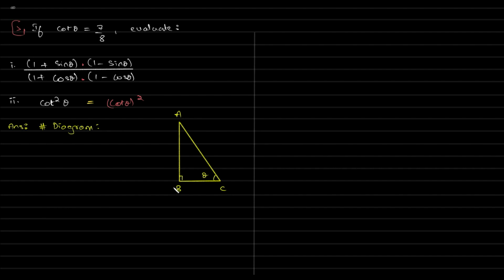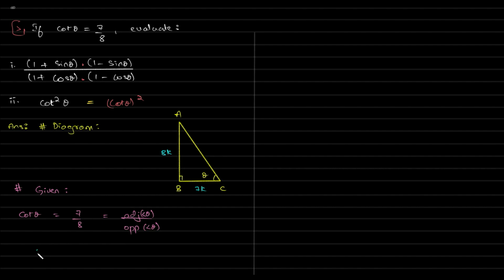Given cot theta is 7 by 8, that is adjacent of theta by opposite of angle theta. So adjacent of angle theta is 7k, opposite is 8k. This is not a Pythagorean triplet, so we can't do much over here. We have to do the lengthy version.